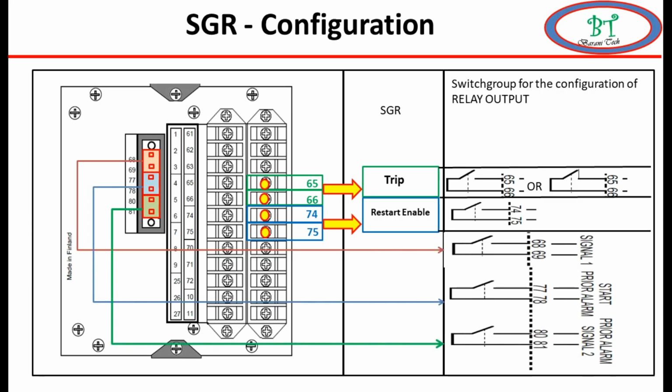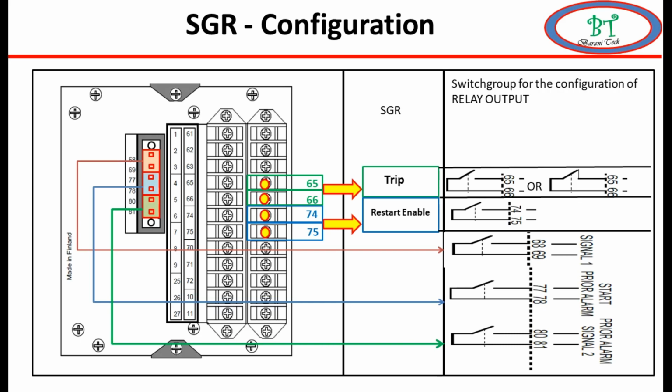These all 5 output terminals have this programming configuration. In this SGR group we have two groups, SGR1 and SGR2. Now we see one by one.